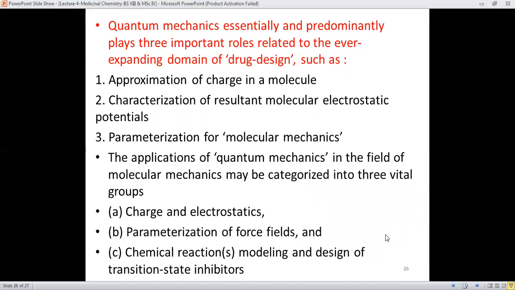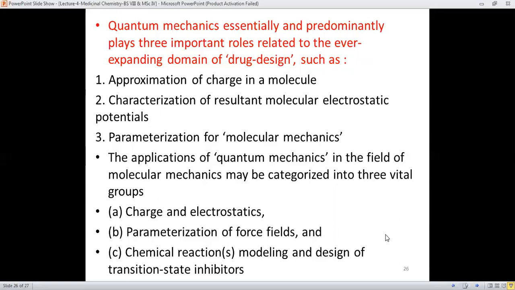Therefore, quantum mechanics essentially and predominantly plays three important roles related to the ever expanding domain of drug design. Ever expanding means the drug design domain or platform is expanding day by day due to a lot of inventions, innovations, and a lot of structural information which is going to be discussed after the formulation and synthesis of a lot of molecules.